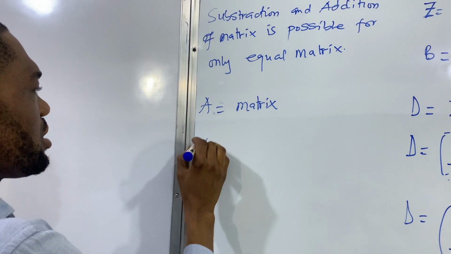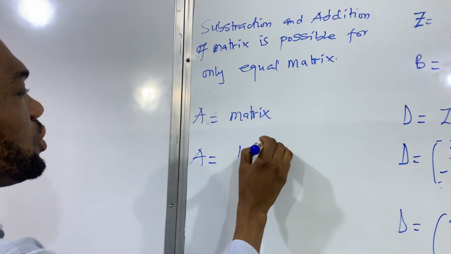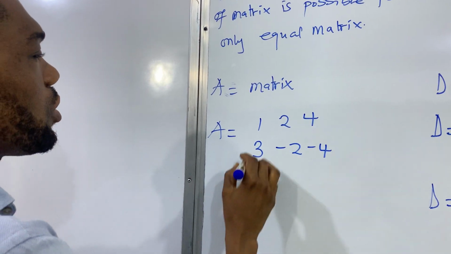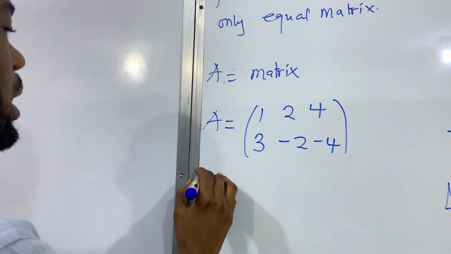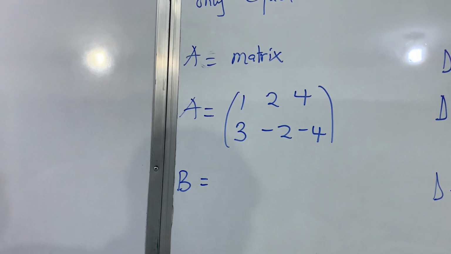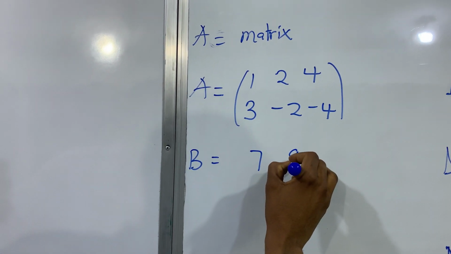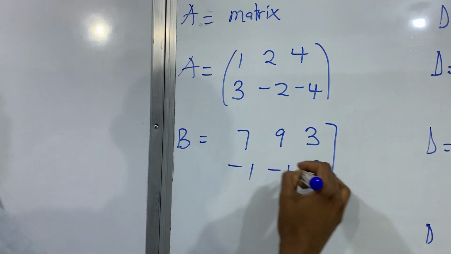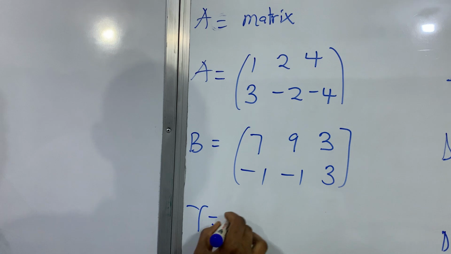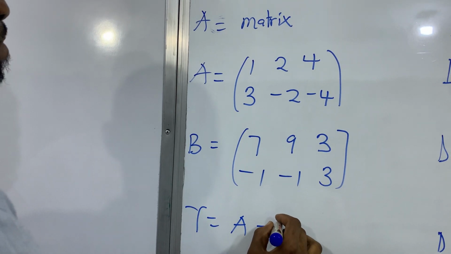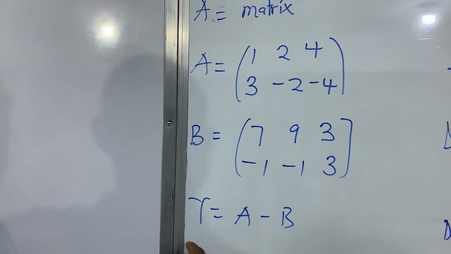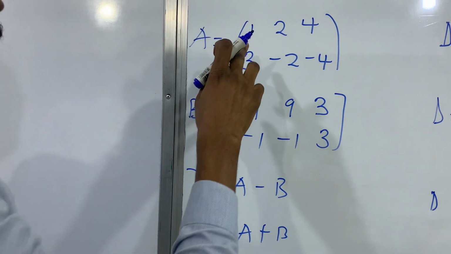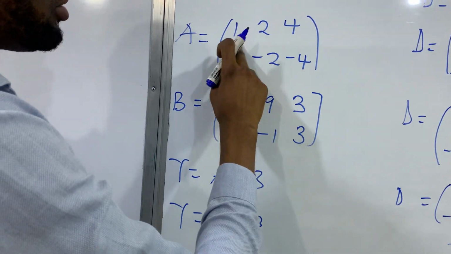If A has a matrix of 1, 2, 4, 3, minus 2, minus 4, and matrix B equals 7, 9, 3, minus 1, minus 1, 3. And they're asking us to say y equals A minus B, or y equals A plus B. Because see, the number of elements that make up the columns is 3.